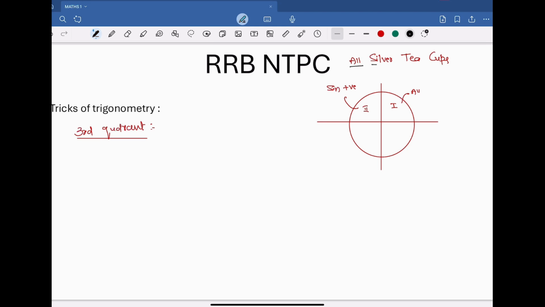S is positive, sin is positive in second, tan is positive in the third, cos is positive in the fourth. Third, tan positive. Fourth, cos positive.